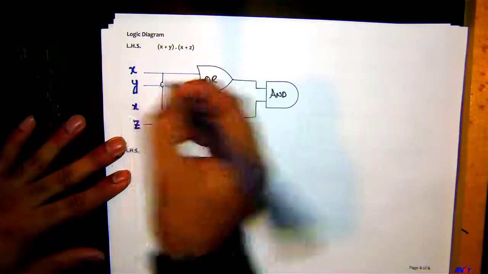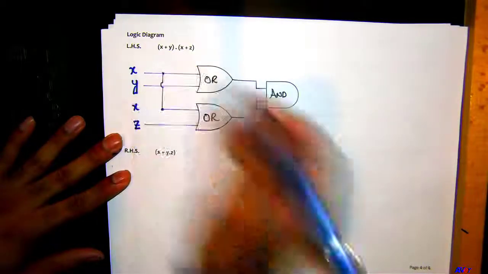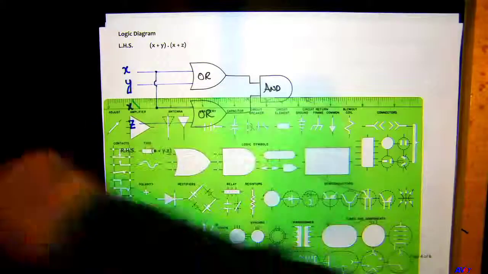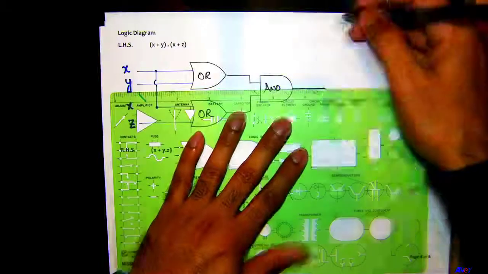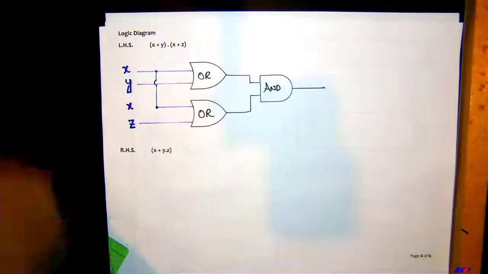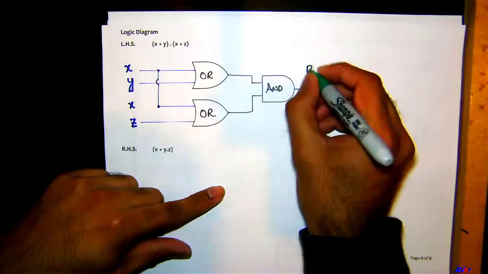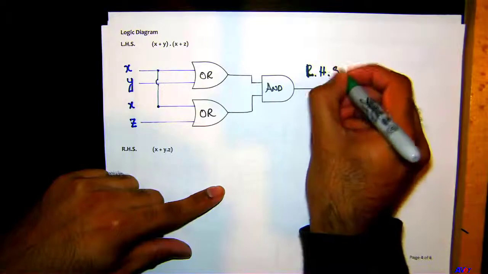You know, when you are trying to go over a wire, you use this thing right here. So this is X, okay, and this right here is my, this is the left hand side, sorry, left hand side.